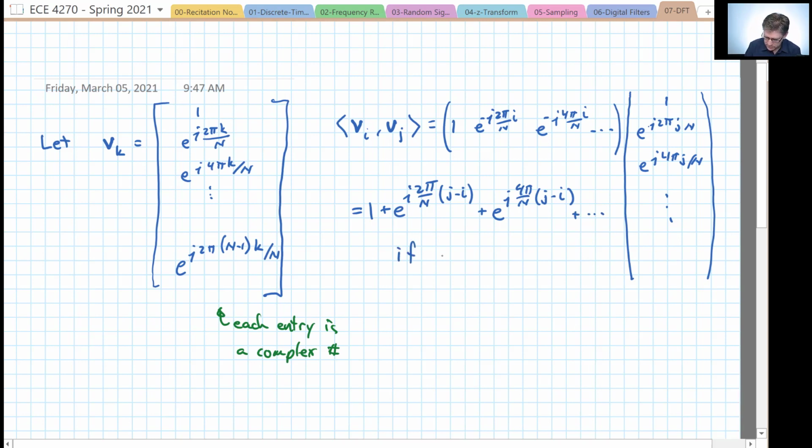So, for starters, if j is equal to I, then this is equal to 1 plus 1 plus 1, and so on and so forth, which is just n. Well, for orthogonality, that's okay, but for orthonormality, this is not. So, if we want this to be orthonormal, we have to put 1 over the square root of n out front.